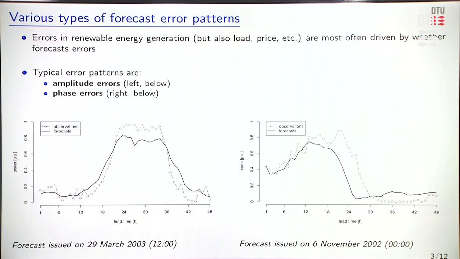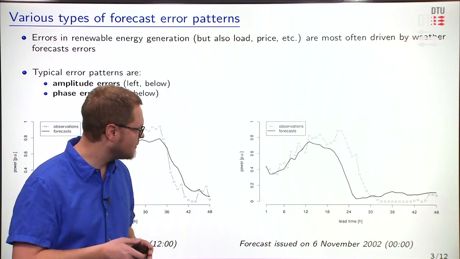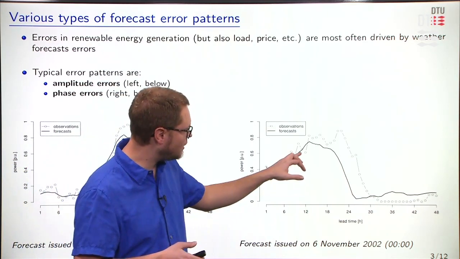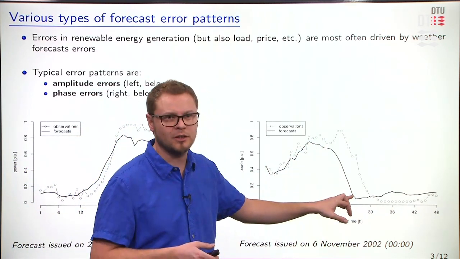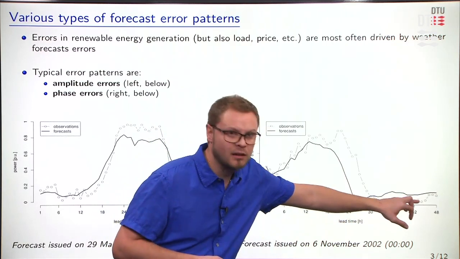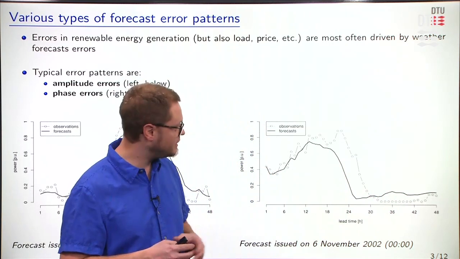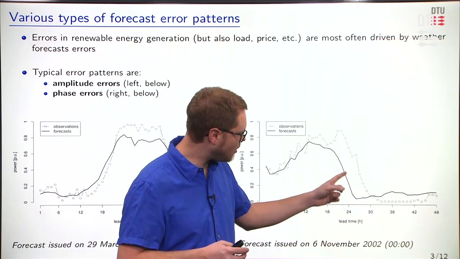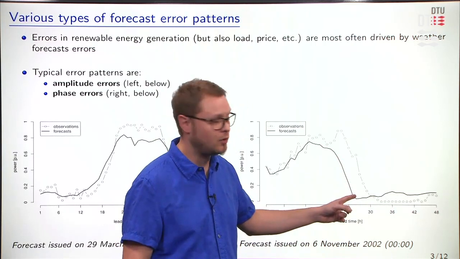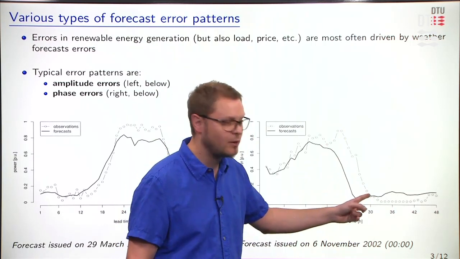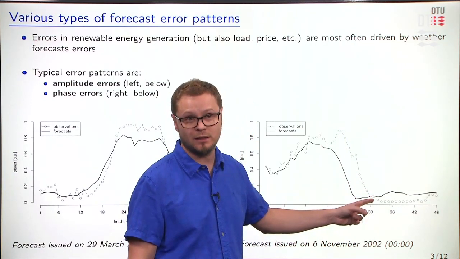In comparison, you have here what we call a phase error. Let's look at this forecast and see that it follows very well. The pattern is right. There's also going to be a drop in power generation and then a plateau again for the last day. So the pattern is quite right, but if you compare, the drop here is at lead time, let's say around 22 to 24, but the actual drop in power generation happened 3 to 4 hours after what was predicted.